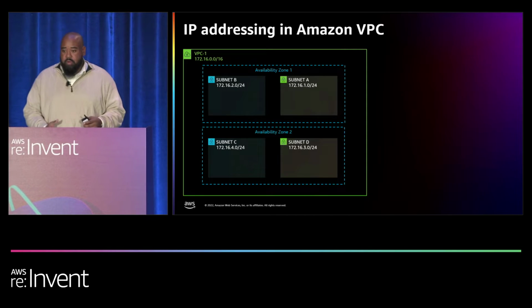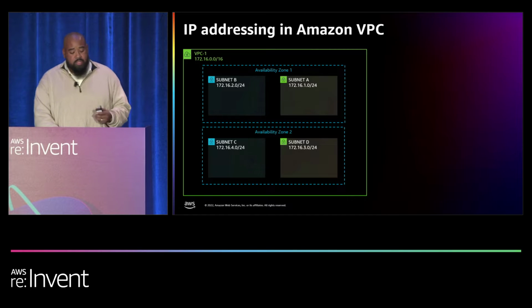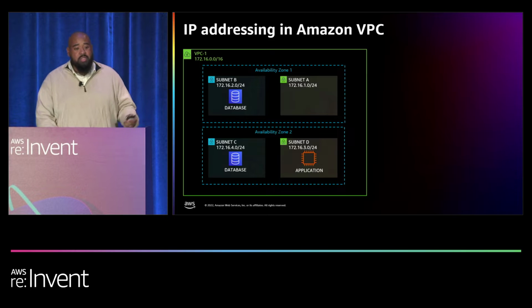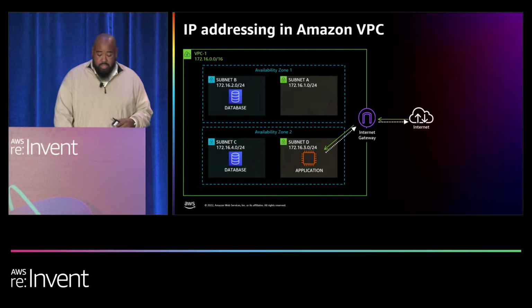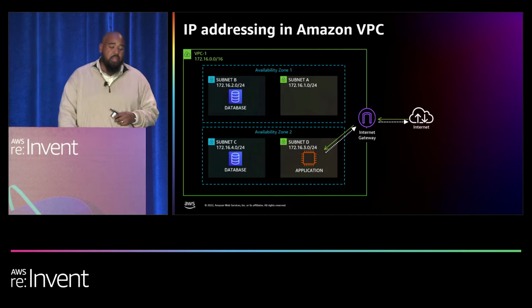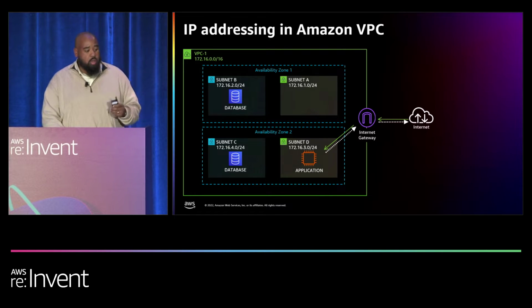Then you determine if you want to have high availability, so you create a subnet in each availability zone, and then you launch your instances into your subnets. Now, if your instances need access to the internet, you attach an internet gateway along with the default route in the routing table of your subnets, and that points to the IGW to provide internet connectivity to your instances.